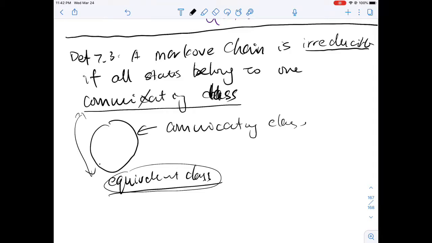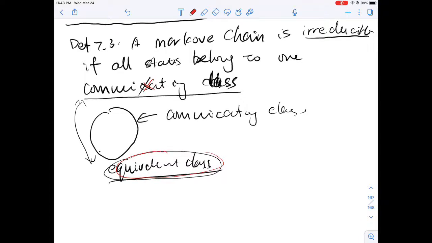If you don't look at all these terms, communicating class, equivalence class, because you either forgot or never learned them, it's really just that it's irreducible if and only if the graph is strongly connected. This is the only thing you need to know.